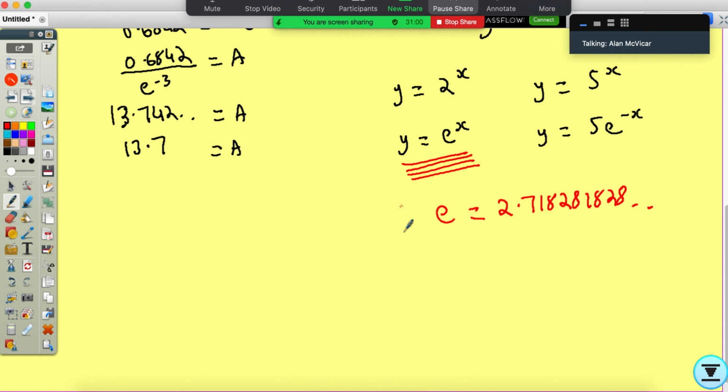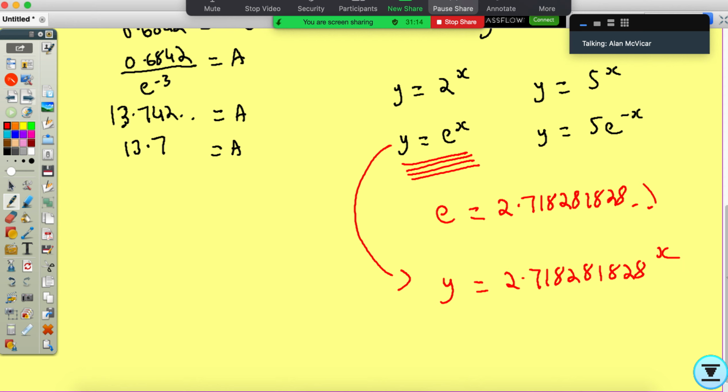So that there really means 2.7182818828 to the power of x. Right? That's really what that means. But I ain't writing that number every time. So that's why they gave it the letter E.